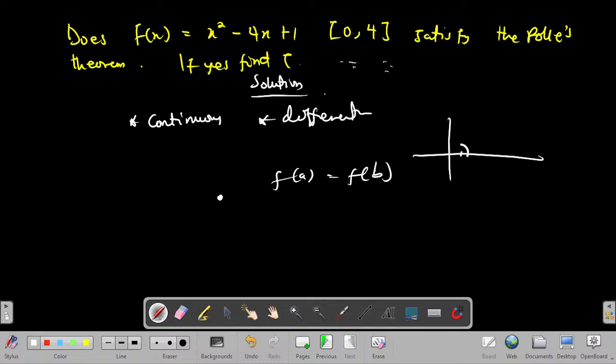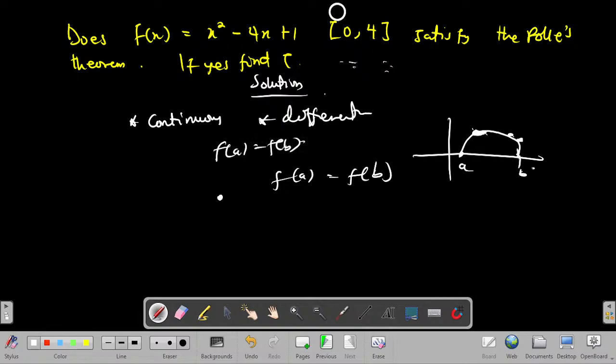Rolle's theorem is saying that so far as a and b are these, there will surely be at least a point, maybe more, where the derivative is zero. So the condition for Rolle's is f of a equals f of b.